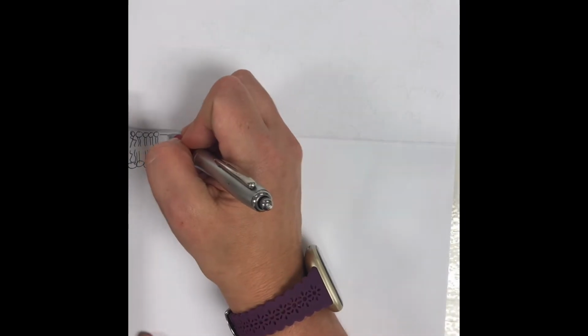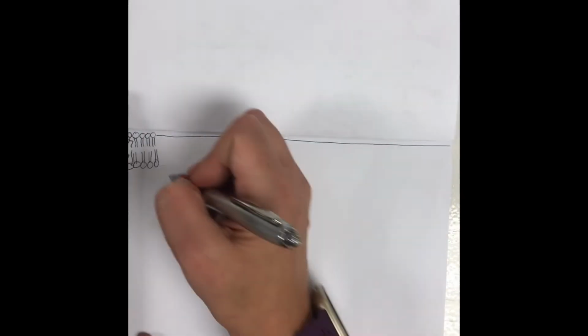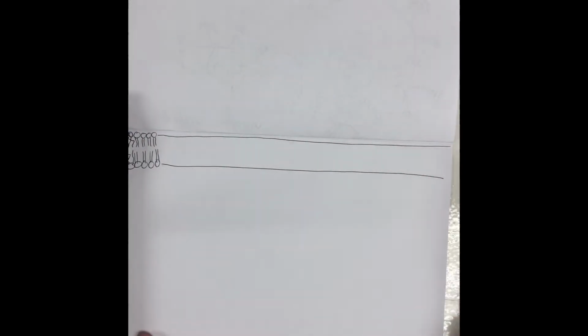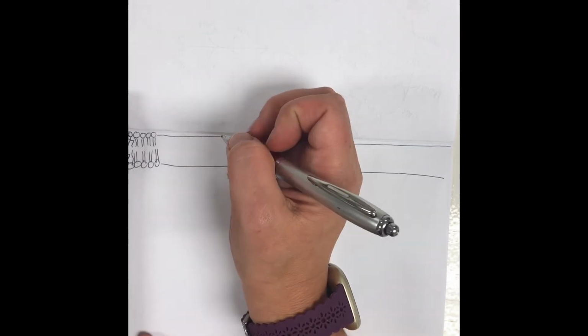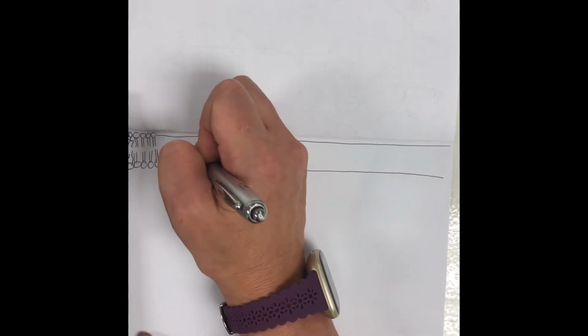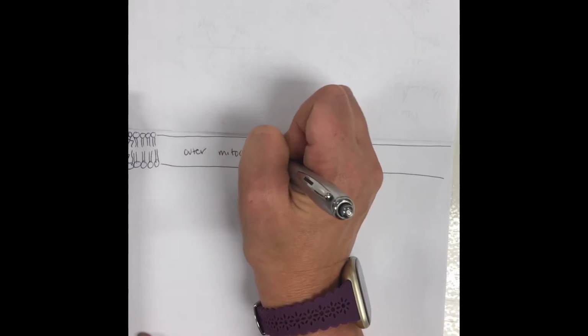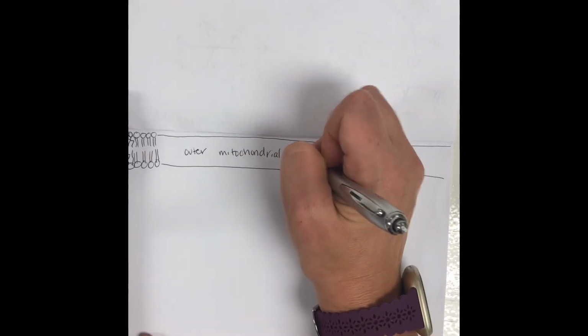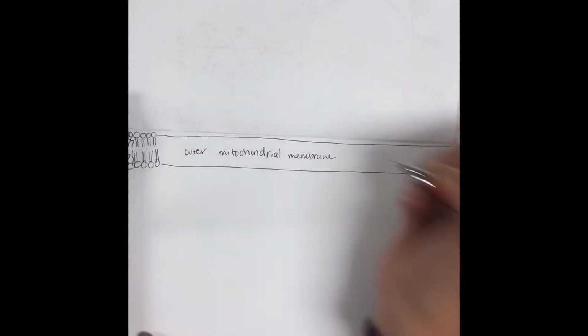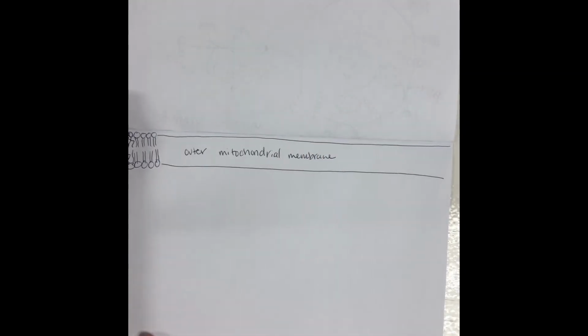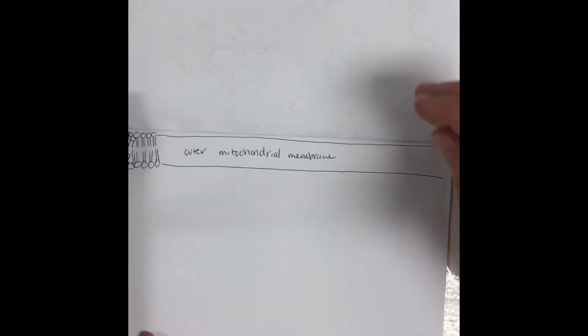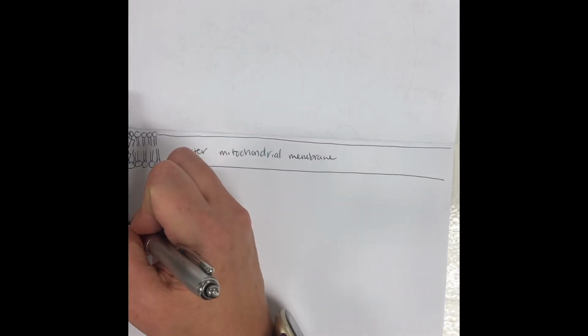So after I draw for you, okay, this is my outer mitochondrial membrane. Okay. Then I'm going to have my inner membrane.